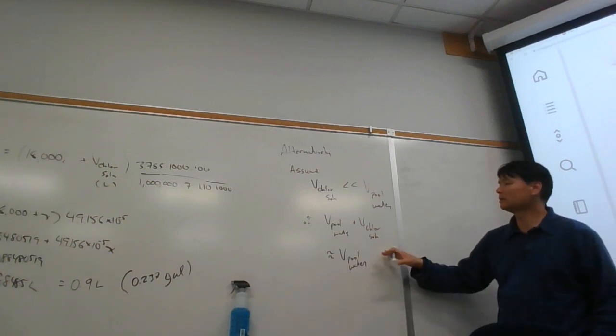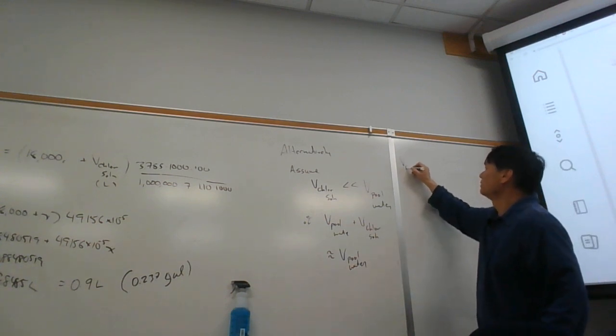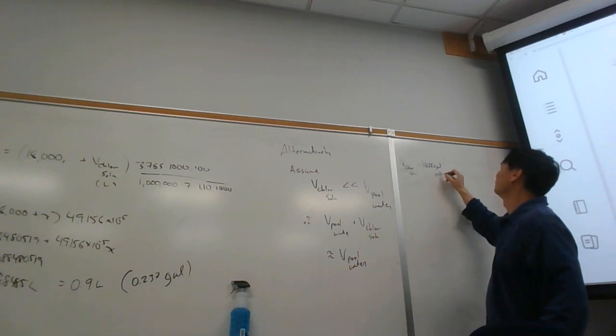And so if we make this assumption, then the problem simplifies to this. The volume of the chlorinating solution is just equal to 18,000 gallons of pool water.